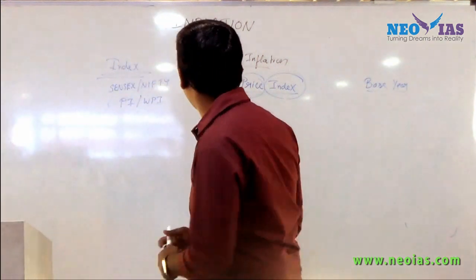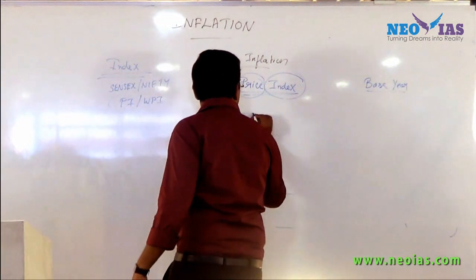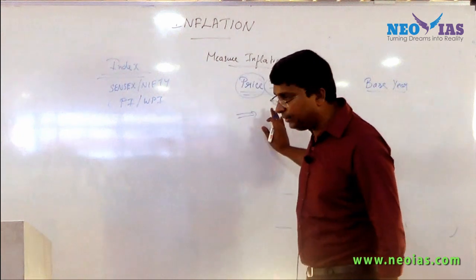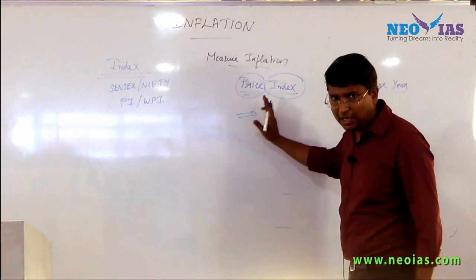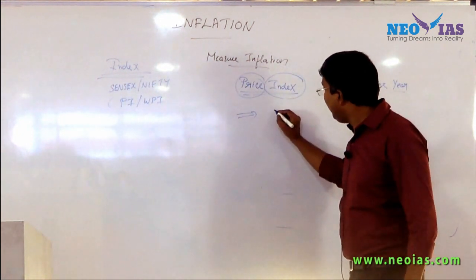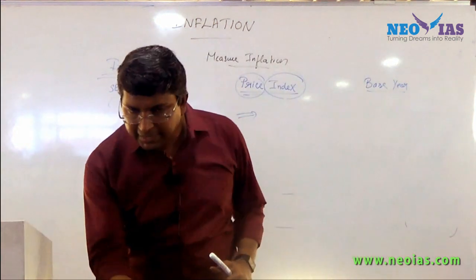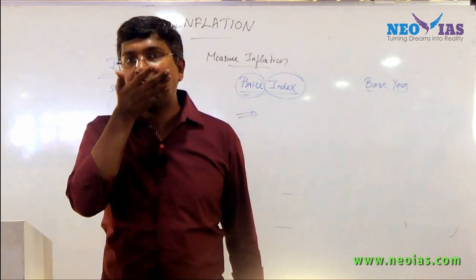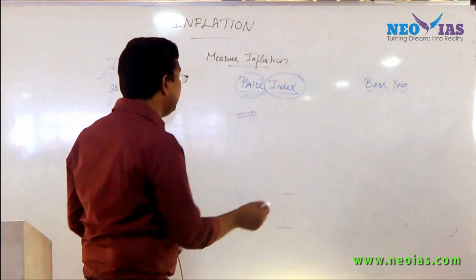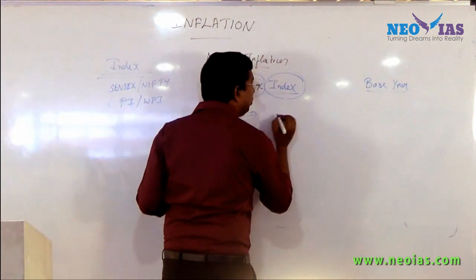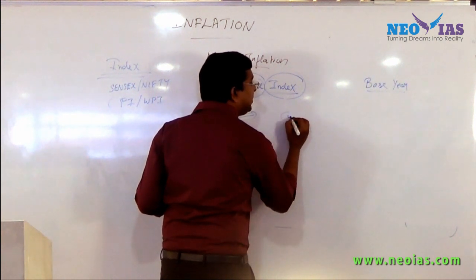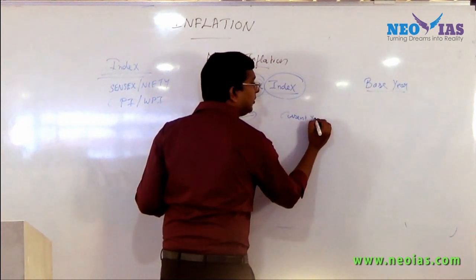To construct a price index, what the government, or the agency which prepares the indexes, normally does, if they want to create the present year price index, is check the current year price.